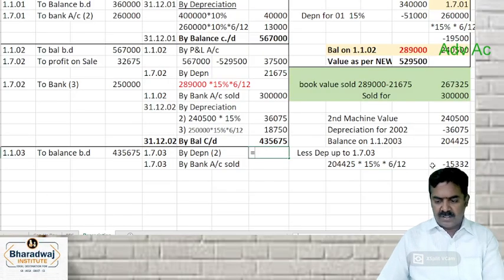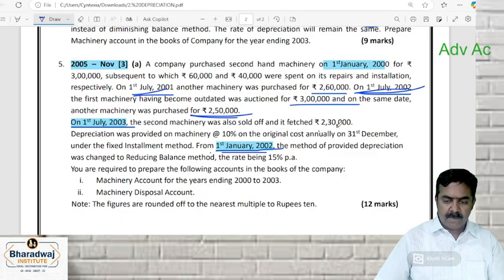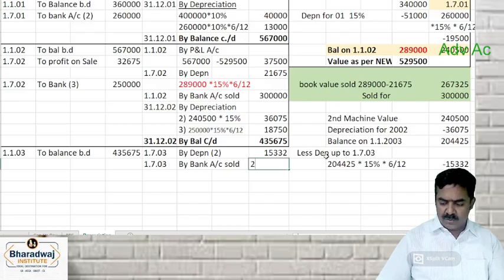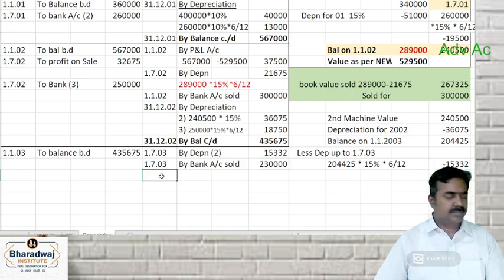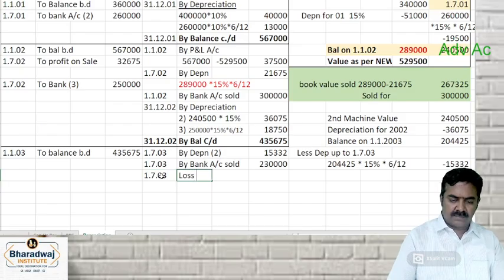So by depreciation. It is sold for how much? It is sold for 2,30,000. Approved. Loss on sale.